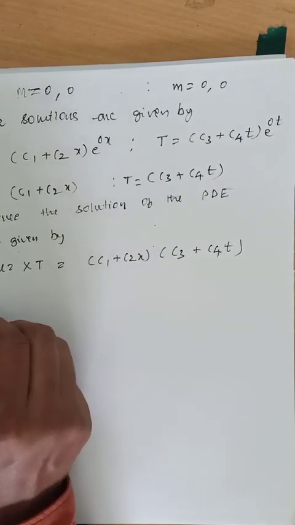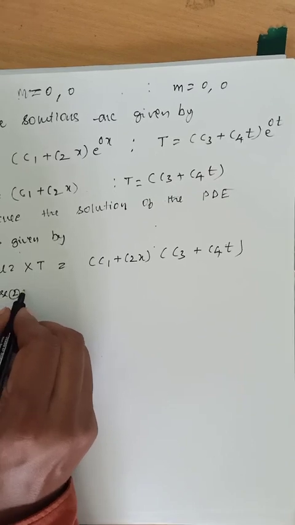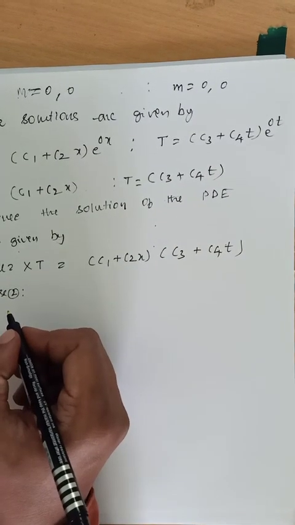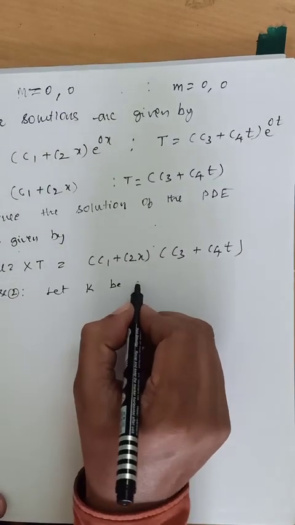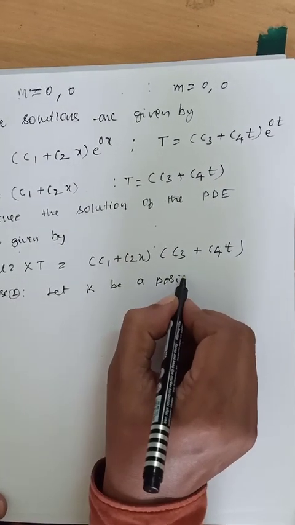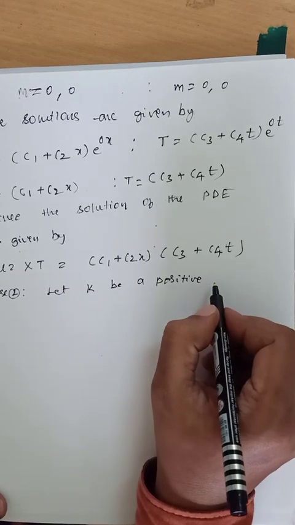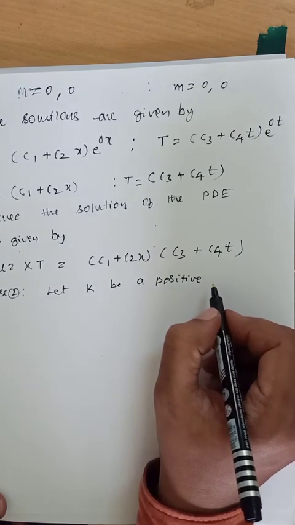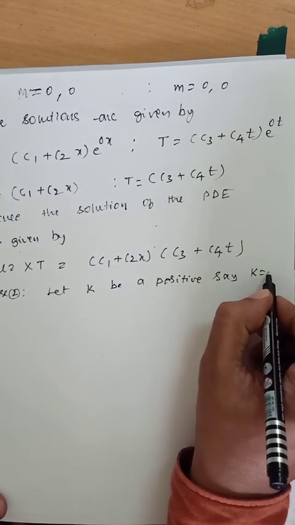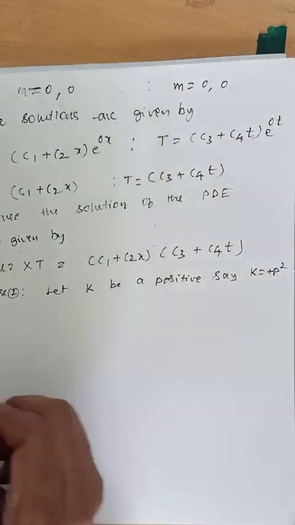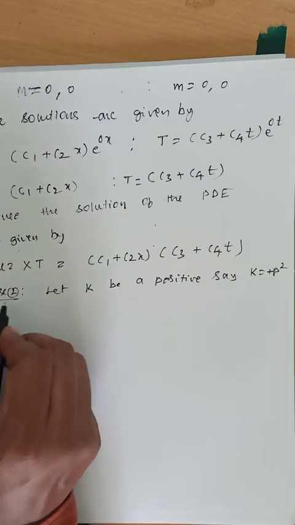Okay, next case 2. Let k be positive. Zero, positive and negative, these are the various possible solutions. So when k is positive, you denote it by plus p square for convenience.